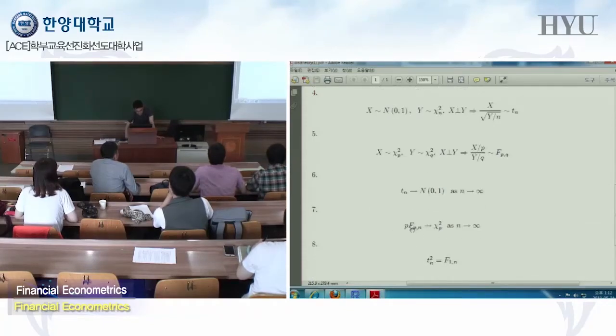And for the F distribution, the multiplication of P and F, P times F, follows a chi-square distribution with degrees of freedom P.